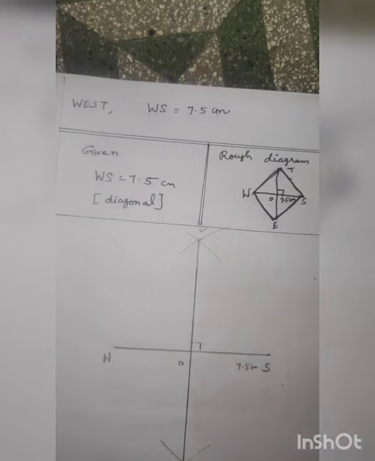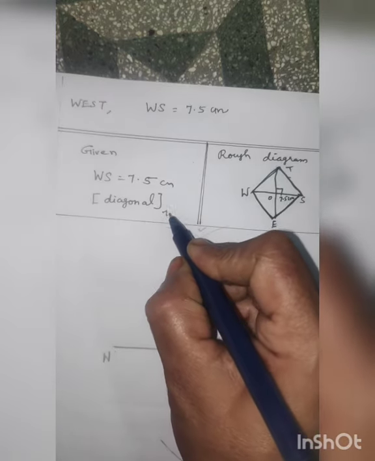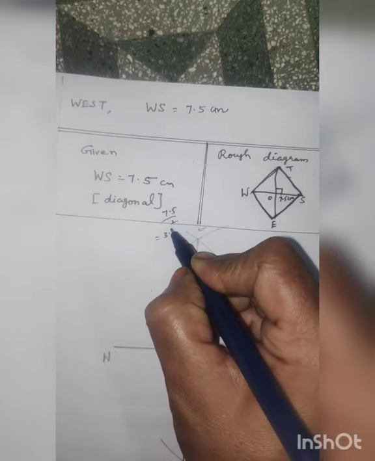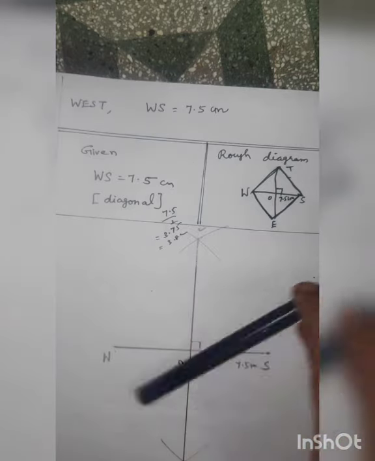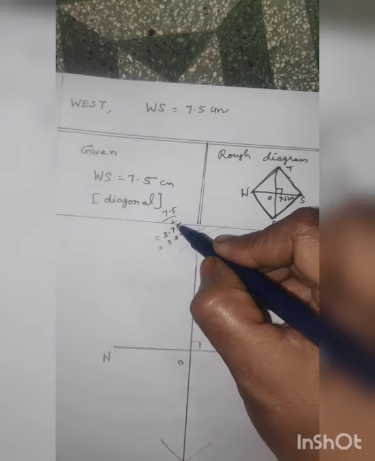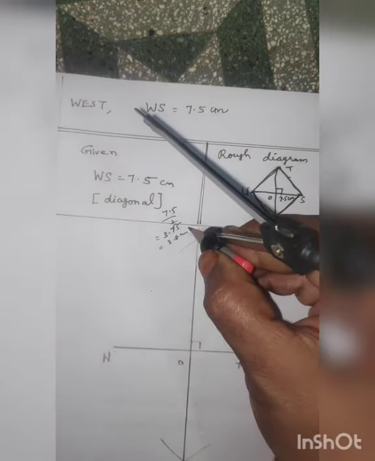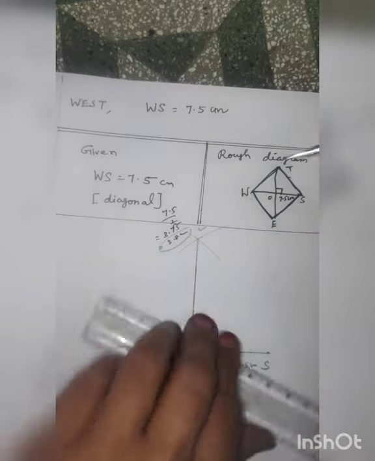Next work, see here, 7.5 centimeter divided by 2. 7.5 divided by 2 equals 3.75. You take 3.8 centimeter. Since 5 is above, you add one number, 3.8 centimeter. Now which centimeter do we want to measure? Only 3.8 centimeter in the compass.